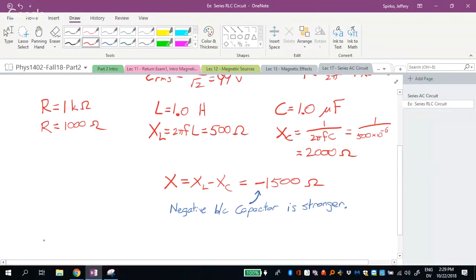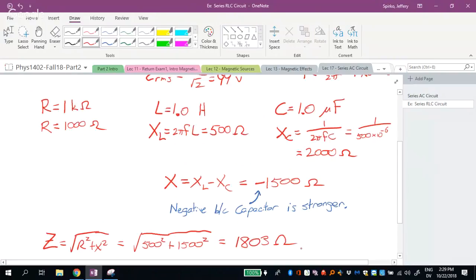And now we can calculate Z as the square root of R squared plus X squared, which is the square root of 500 squared plus 1500 squared, equals 1803 ohms.